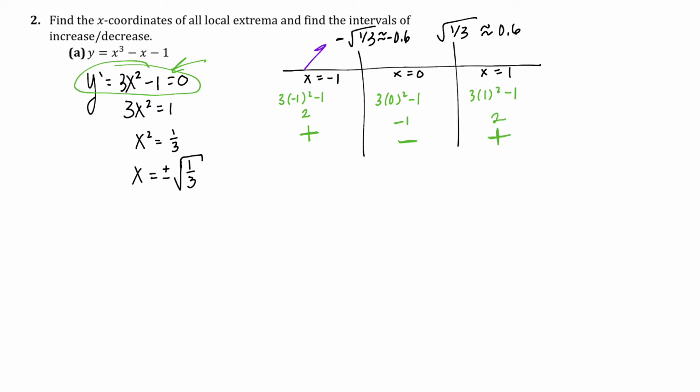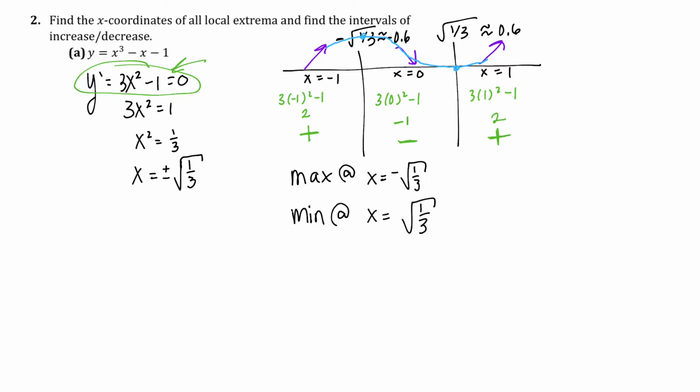So we have increasing, decreasing, increasing. You can kind of draw a little picture in here. So you have a max here and a min here. So there's a max at x equals negative square root of 1/3. There's a min at x equals positive square root of 1/3.